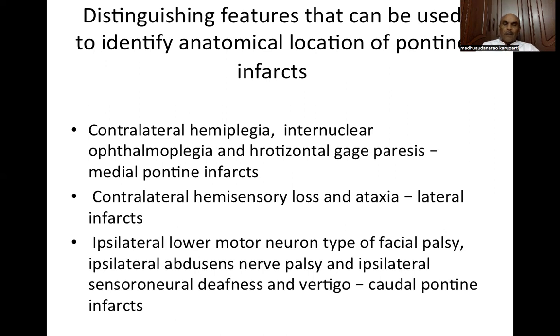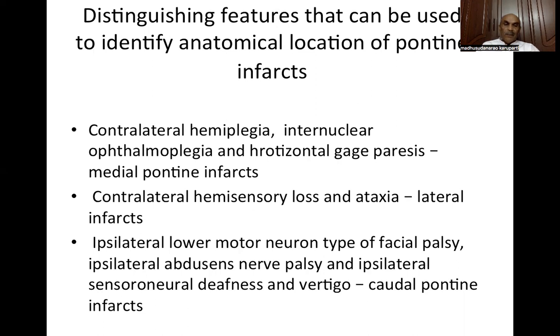Remember, contralateral hemiplegia, internuclear ophthalmoplegia, and horizontal gaze paralysis is due to medial pontine infarcts. Okay, remember this. Contralateral hemisensory loss and ataxia denotes lateral infarcts.